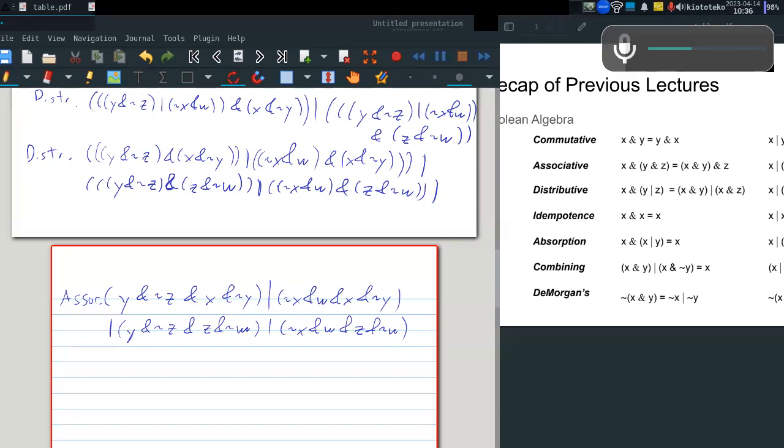Inverse law, I think. By inverse law, we have that x and not x is equal to 0. Well, inverse and dominance, no? Inverse and dominance. So y and not y is 0, and 0 and something is 0.